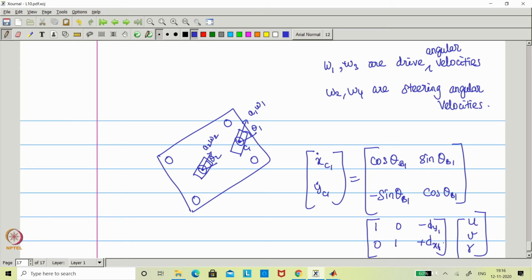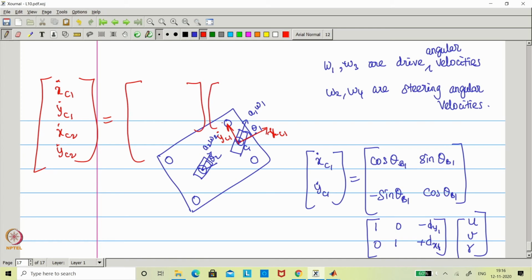Now if we do this, you get the projection velocity, that is, xc1 dot and yc1 dot. So I can make this equation like this: xc1 dot, yc1 dot, xc2 dot and yc2 dot. I can write this as a bigger matrix times UVR.